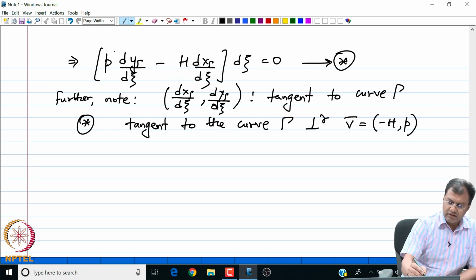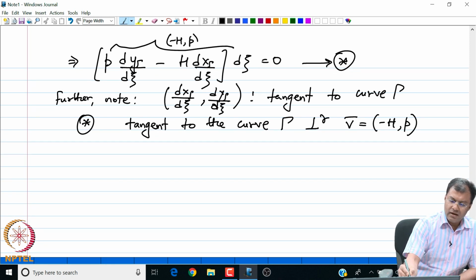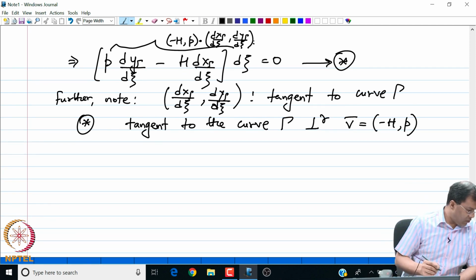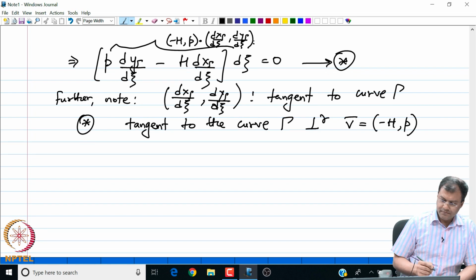Because this is nothing but the dot product of minus h comma p with dx gamma d psi comma dy gamma d psi, right. So, this is the dot product, and we showed that the dot product is 0, right.